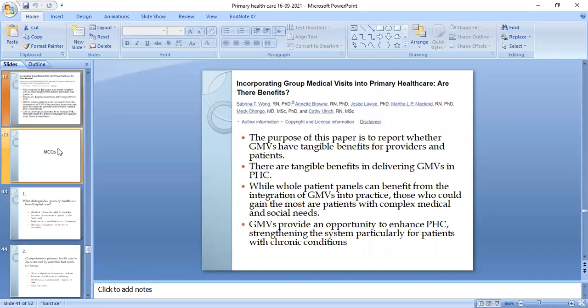This report shows that there are tangible benefits in delivering group medical visits in primary health care. While whole patient panels can benefit from the integration of group medical visits into practice, those who could gain the most are patients with complex medical and social needs. Group medical visits provide an opportunity to enhance primary health care, strengthening the system, particularly for patients with chronic conditions.